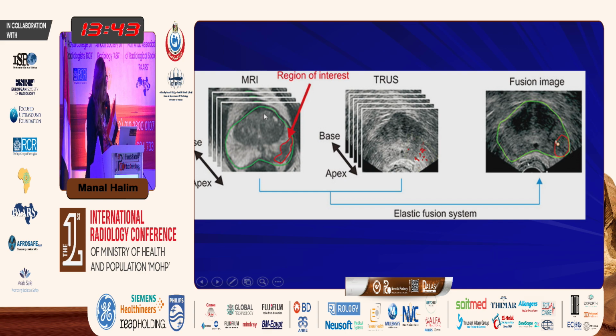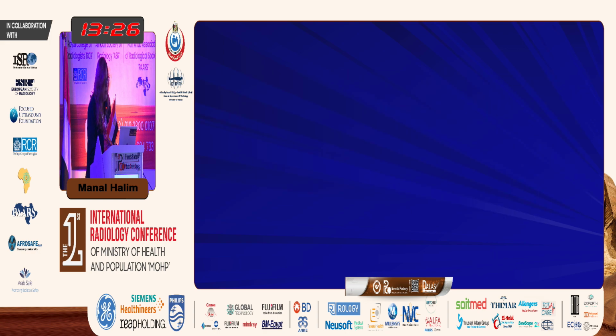And then we put the MRI images on the transrectal ultrasound images, and that helps the physician or the radiologist a lot to target the area of interest. So MRI targeted transrectal ultrasound helps a lot in the biopsy rather than the systematic one, which was blind, and the patient had to take 10 to 12 cores and had a lot of harmful problems.